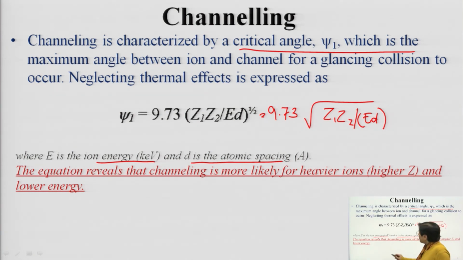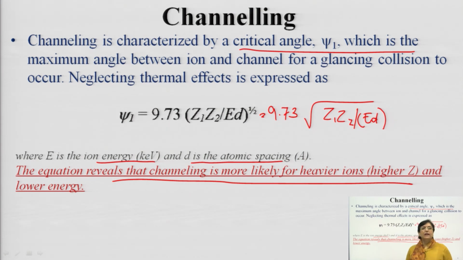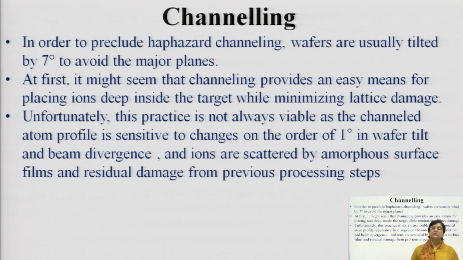The equation basically reveals that channeling is more likely for heavier ions, that is higher Z, than for lower energy ions. That means when you have high energy particles striking, there is more tendency for channeling to happen in the ion implantation profile than with low energy.